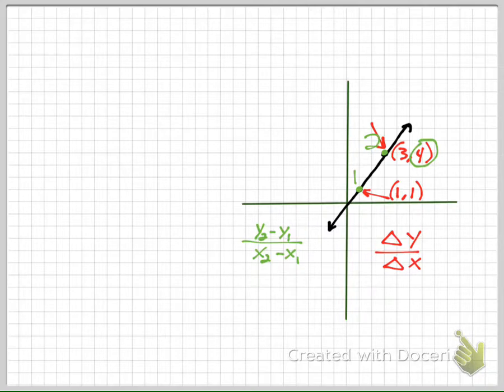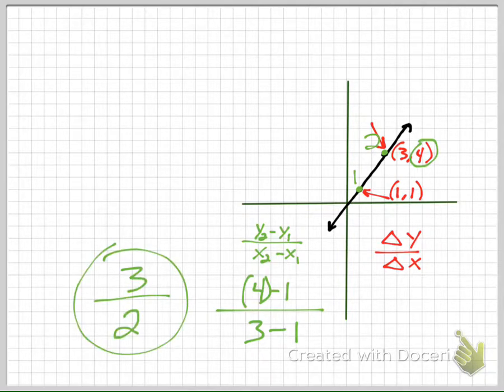Agreed? So 4 minus, put in parentheses by the way, 4 minus, what is point 1? What is the y in point 1? 1. Over, what is the x in point 2? 3 minus 1. What is 4 minus 1? What is 3 minus 1?